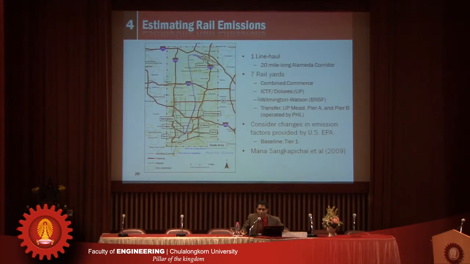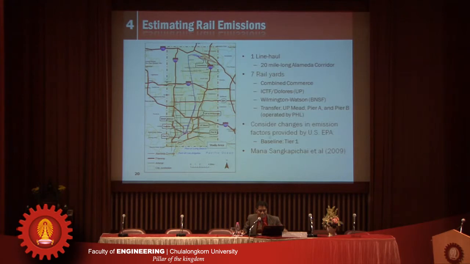He did a very elaborate modeling of the rail network as well as the different yards which are nearby in various locations. You can see the rail line going up and ending up in the Commerce yard, for instance. There are 7 different significant rail yards where all the shunting operations of rail locomotives to move these containers around in the yards caused a significant amount of emission.